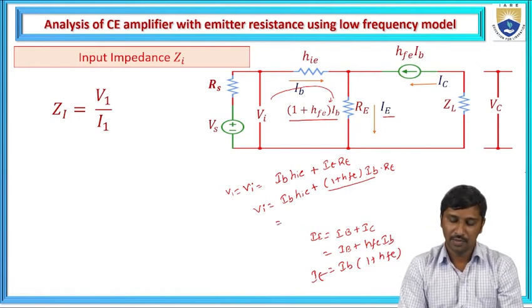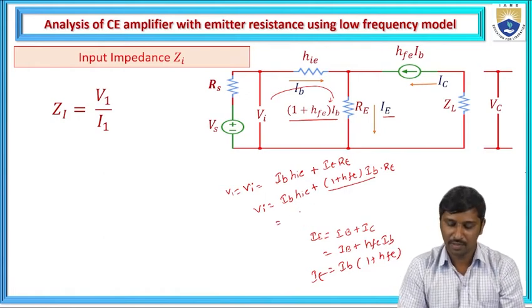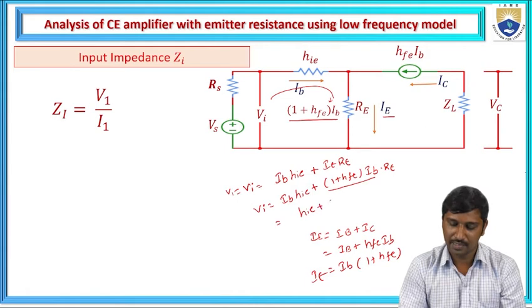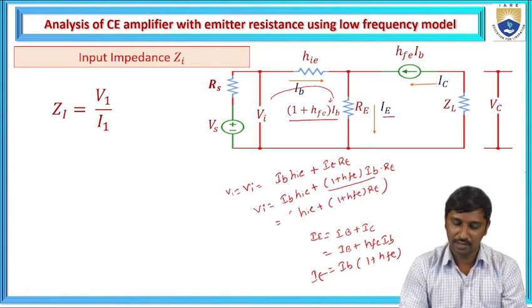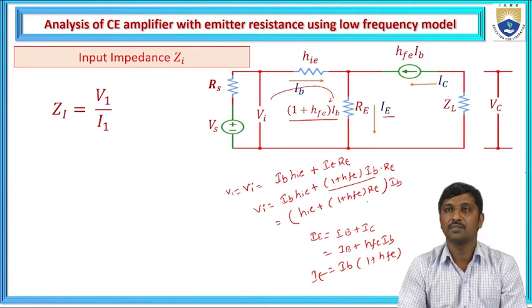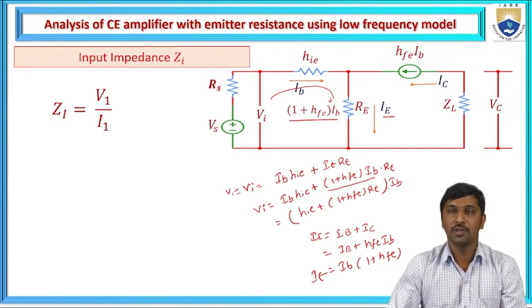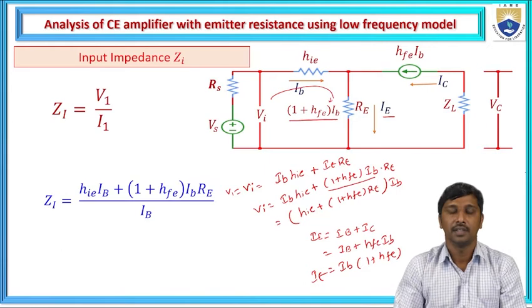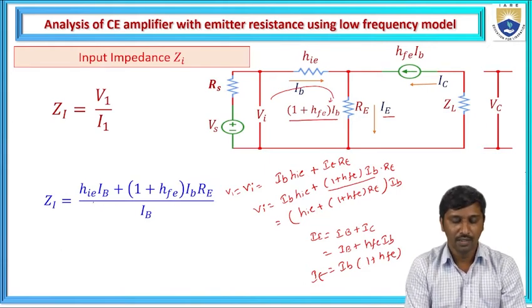So if you take IB as common, this is HIE plus 1 plus HFE times RE, that is IB times of that. Now I'm going to substitute this value in this case: HIE times IB plus 1 plus HFE times IB times RE, divided by IB.